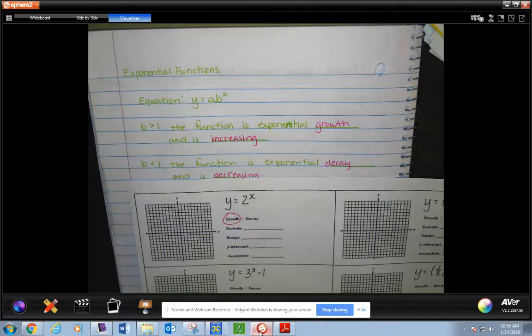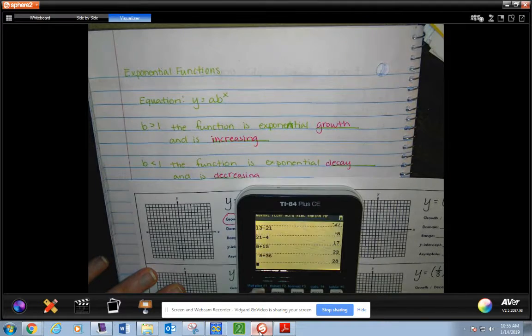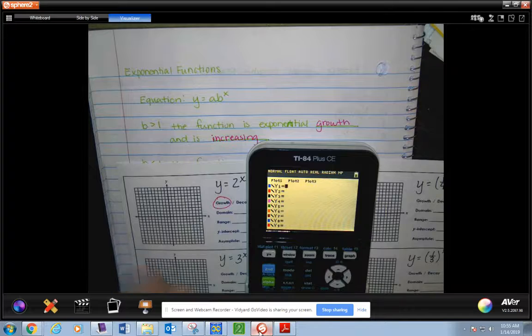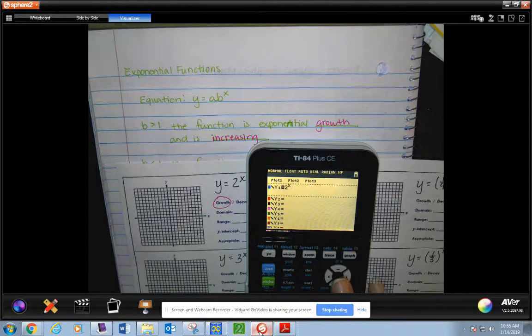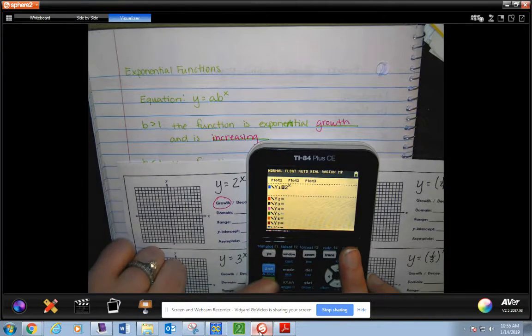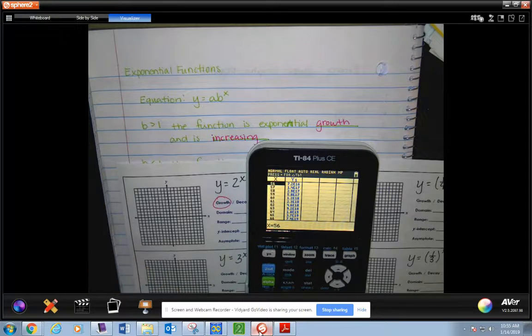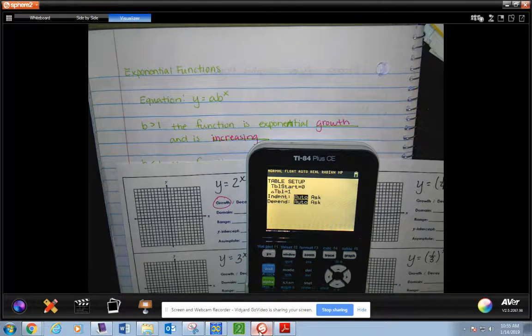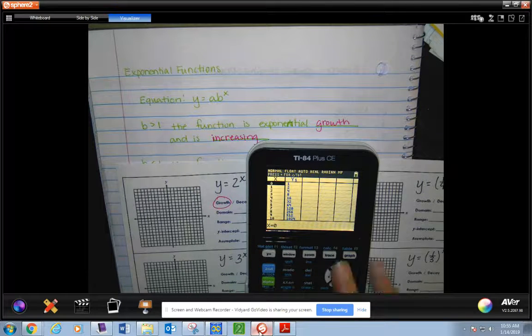But another way for you to figure that out would be if you go to your table, go to y equals, and if you type in 2 to the x. Okay, you're going to hit second graph because I want you to make a table. Let me set my table set back to where I should be starting. Okay, you should be starting around 0. Okay, so what we're going to do is we're going to look for some points that are kind of easy to plot.